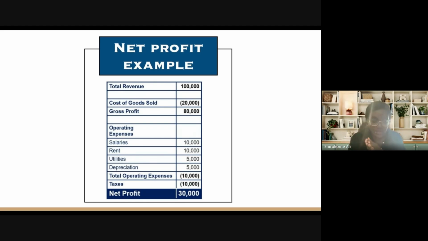Instead, I'll say I bought this Singer machine for 150,000 naira, but I'll use it for 4 years. So I'm going to expense 150,000 naira divided by 4, or let's use 100, so it's 25,000 naira per year. That's what this sewing machine will be costing me every year. To get the amount by month, I divide that 25,000 naira by 12 to get the depreciation by month. So that's how I got this 5,000 naira for my expense sheet.